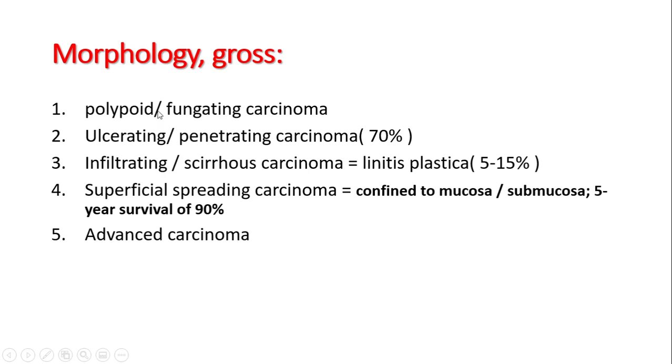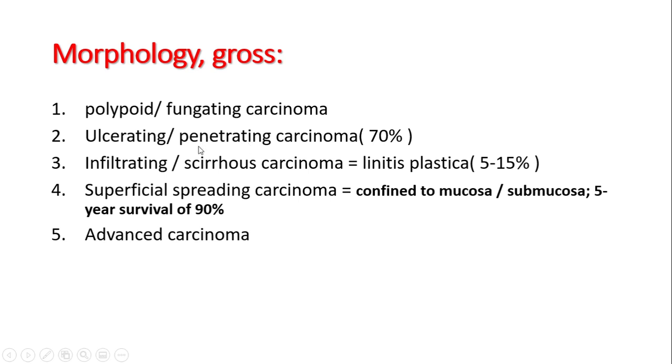Morphologically, the lesion or the tumor can be polypoidal, exophytic, fungating, intraluminal, or cauliflower. These are descriptive terms to describe the gross morphology of the tumor or the growth.